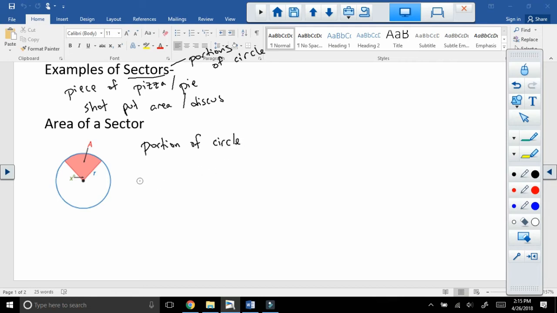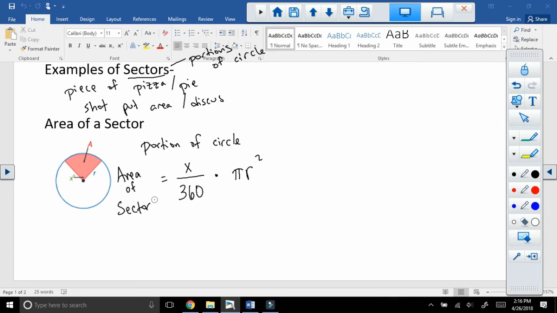If I found the percent of the whole circle, that would be the angle over 360, and I multiplied that by the whole area, which would be pi times the radius squared. This would equal the area of the sector. Hopefully this looks very familiar to you.